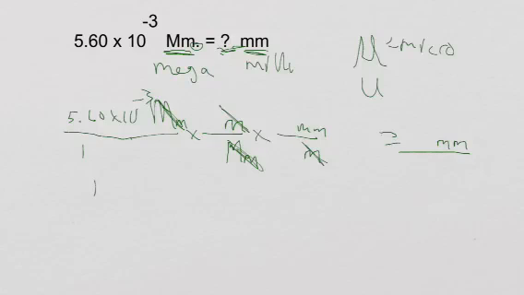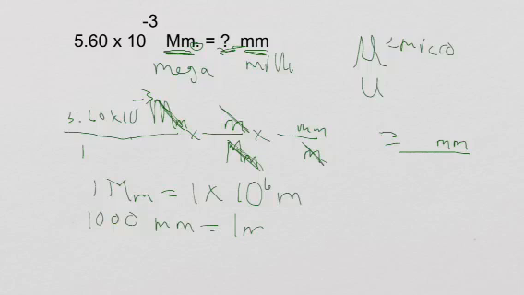So 1 megameter equals 1 times 10 to the 6 meters. And 1,000 millimeters equals 1 meter. So this one is the mega and the meter, so that would be this one. 1 goes with mega, so the 1 goes on what, top or bottom?